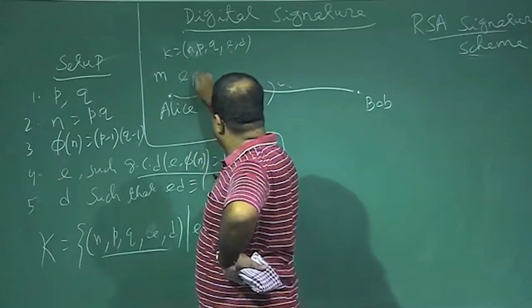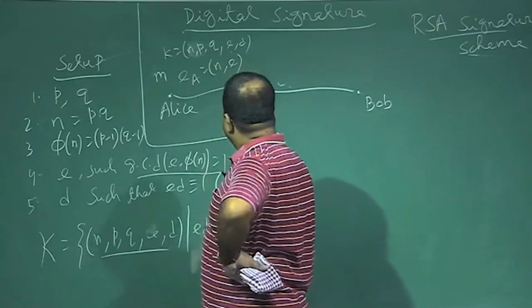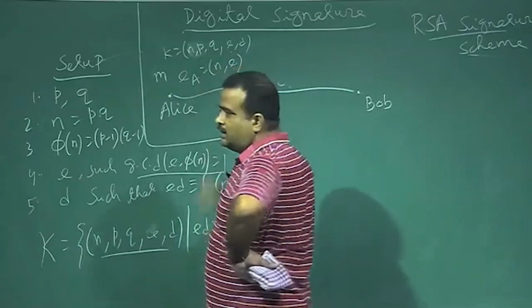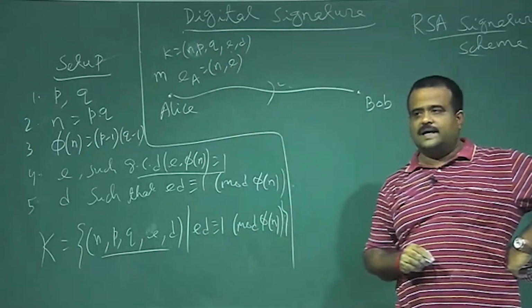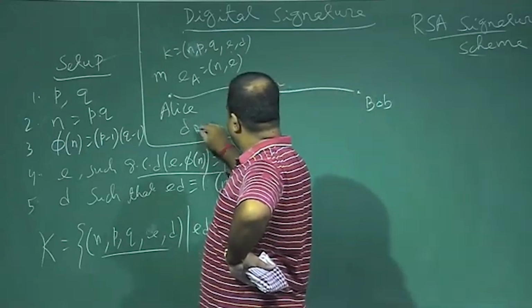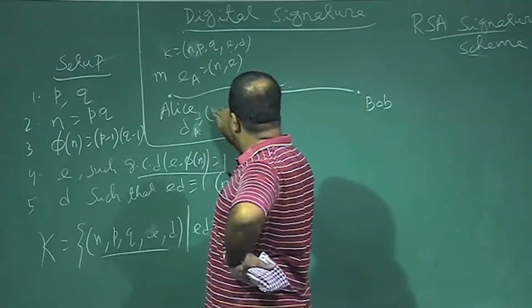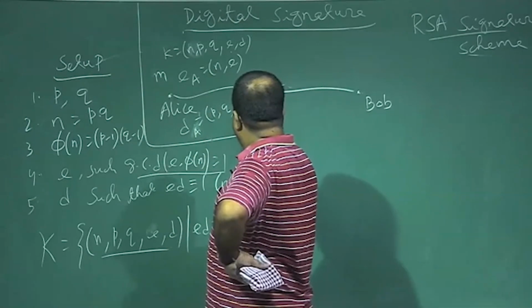So this is E of A, the public key of Alice, this is N and E, and the remaining P, Q, D are all the secret key of Alice. So that is basically D of A, the secret key of Alice, this is P, Q, D.